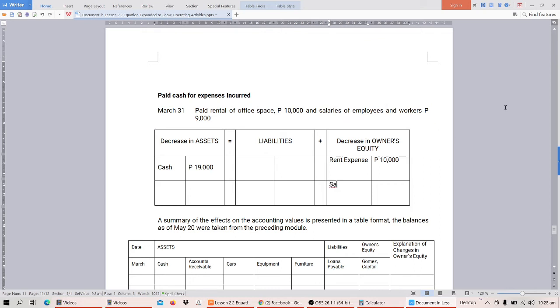So the account we're going to use is salary expense, 9,000. So there is a decrease in asset in cash amounting to 19,000 with a corresponding decrease in your owner's equity for the expenses incurred: rent expense of 10,000 and salary expense of 9,000.